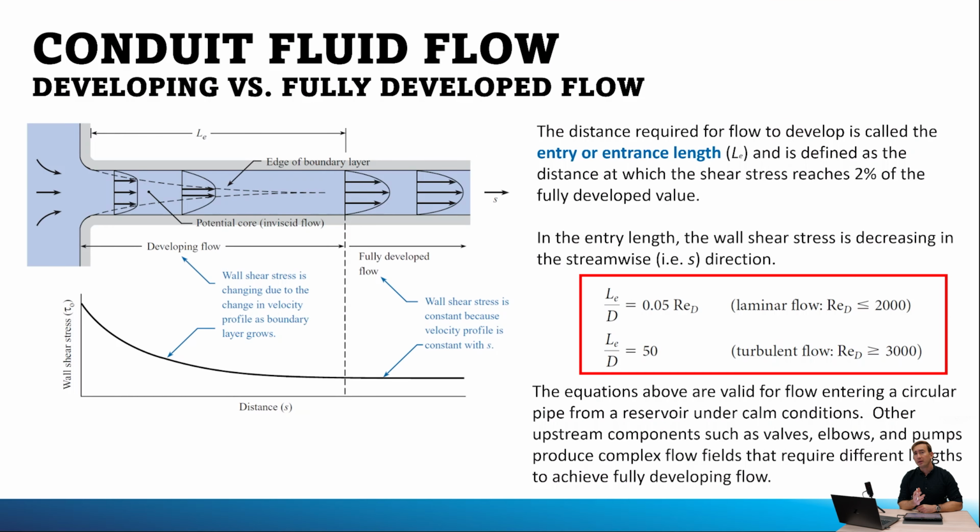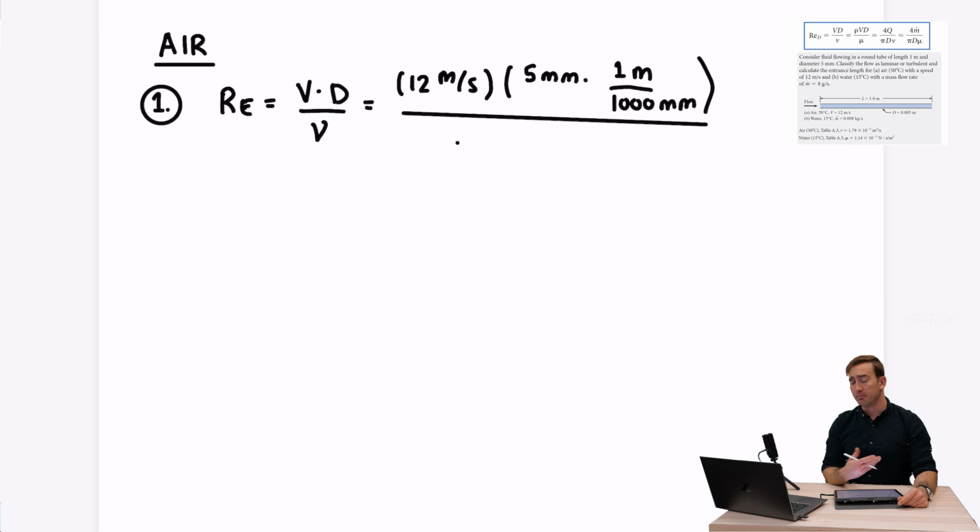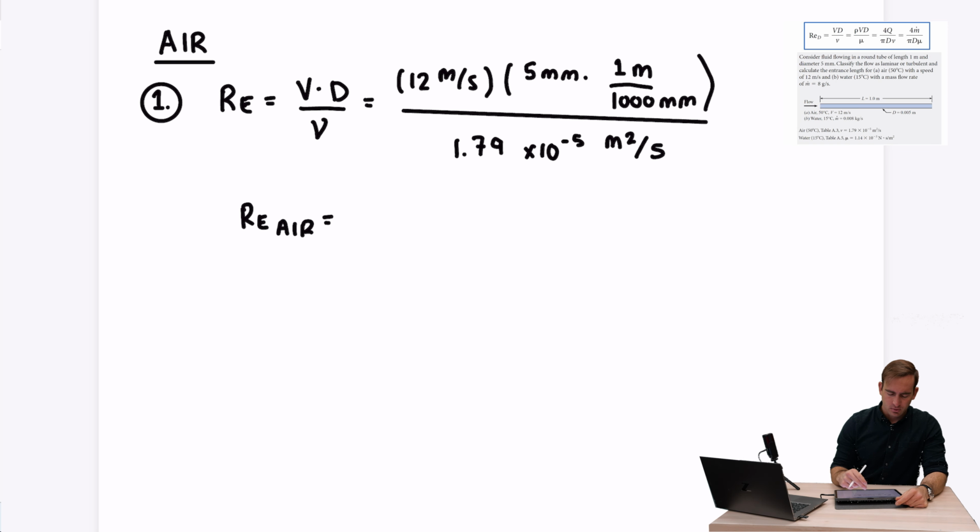We were told that the diameter of the pipe is actually given as 5 millimeters, so 5 millimeters times 1 meter over 1,000 millimeters is our diameter conversion, and we'll divide that by the kinematic viscosity for air, which we can see as 1.79 times 10 to the negative 5th meters squared per second. So what you can see here as we calculate our Reynolds number for air is 3,350. And because this value is greater than 3,000, we can classify the flow as being turbulent.